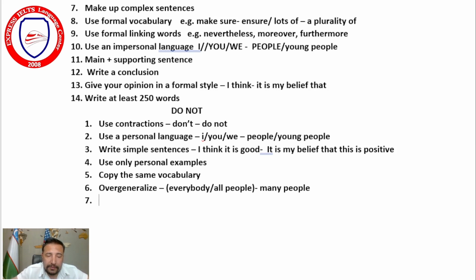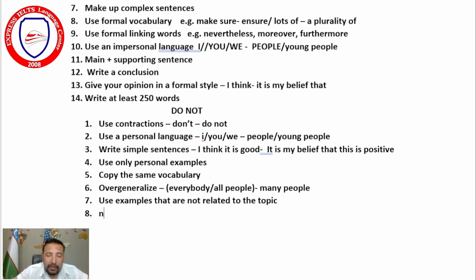Okay, what else? Do not use examples that are not related to the topic, because every example should be related to the topic. That is why it is a very important thing.